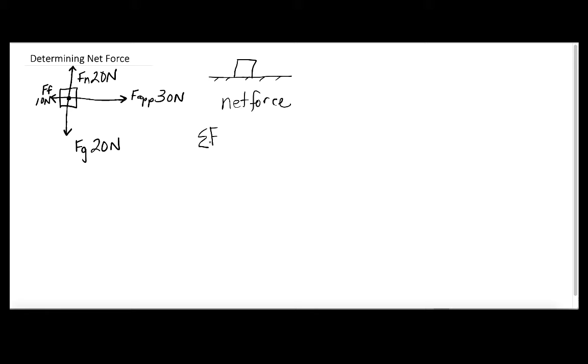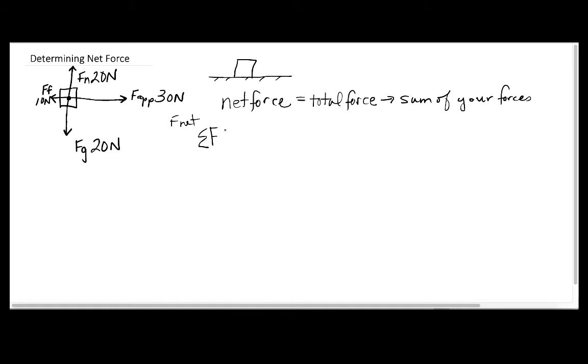These are vectors. So this little symbol here is the Greek letter sigma, and it just means the sum of. So net force is your total force, or the sum of your forces. So I could write it like this, or I could write F net. They mean the same thing.